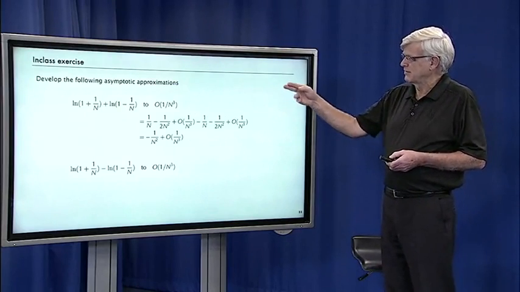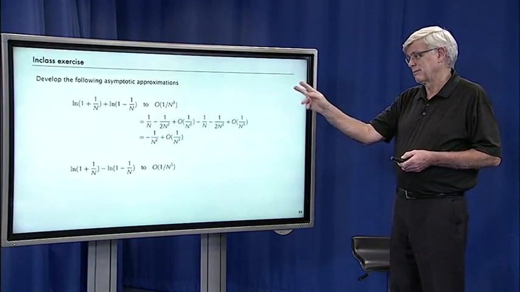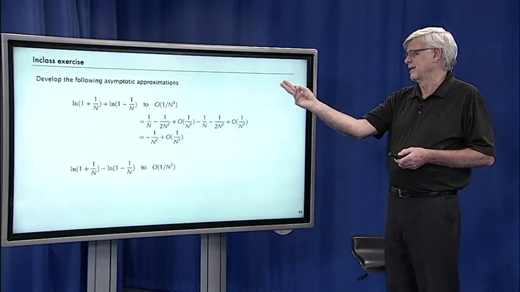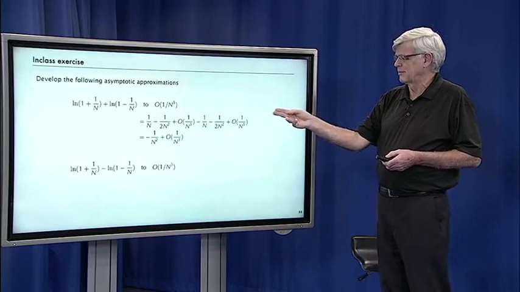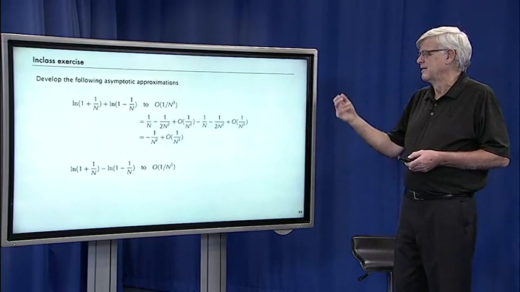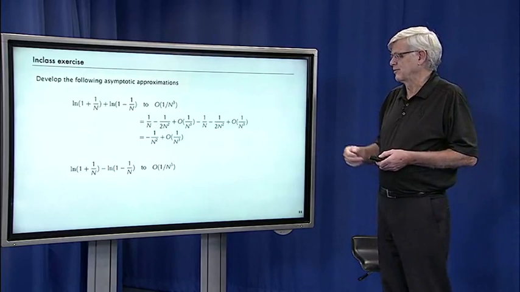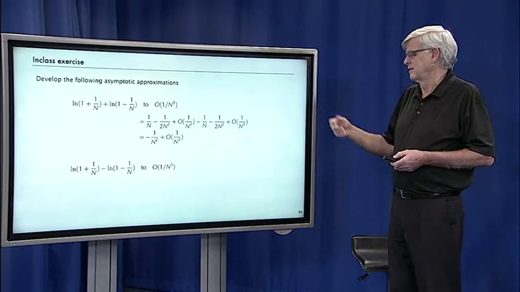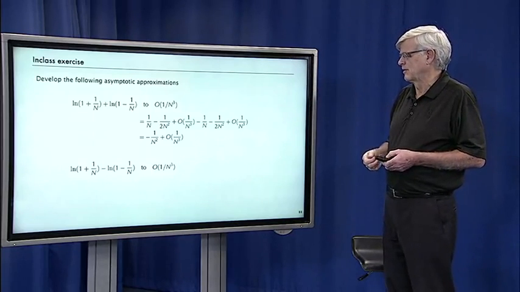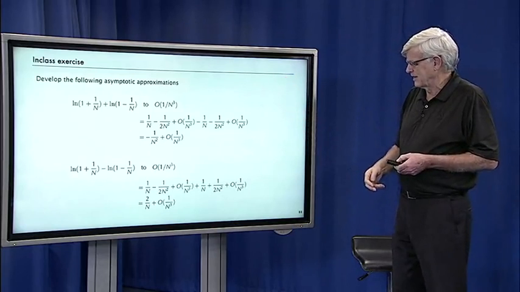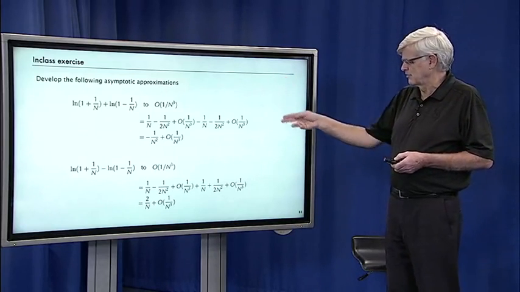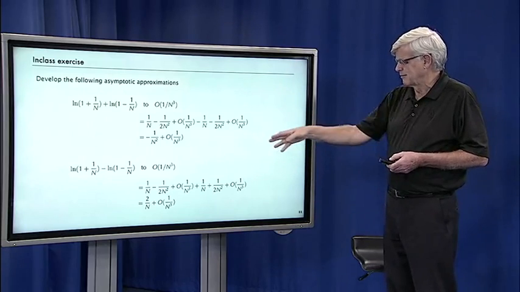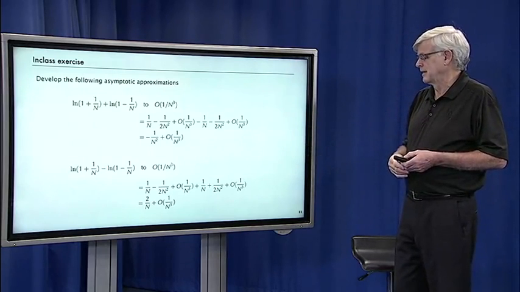So right away you can see the log of 1 plus 1 over n is a rather complicated function, but we can approximate it very accurately as just minus 1 over n squared, and that's going to be quite accurate in the practical ranges of interest. In the other case, the 1 over n squared terms cancel out, and we're just left with 2 over n.